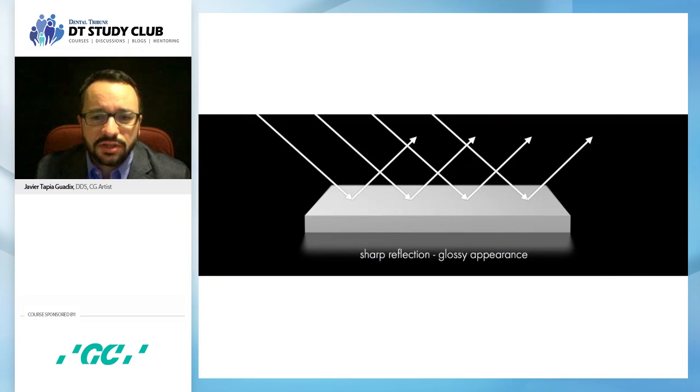But of course, a difference in the surface will produce a difference in the kind of reflection that we will see. When we have a very flat surface like this, we will have a very sharp reflection. The light is going to be reflected with the same angle of incidence, and it's going to produce like a mirror effect, a glossy appearance.